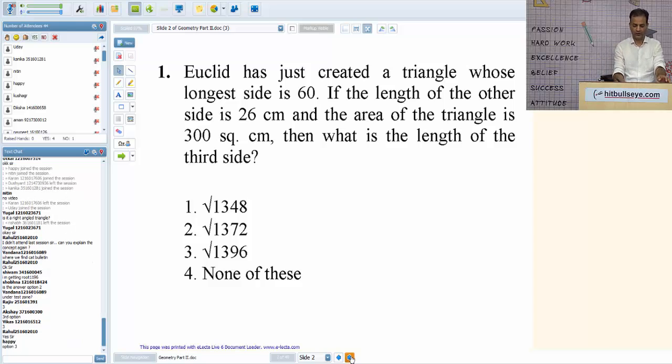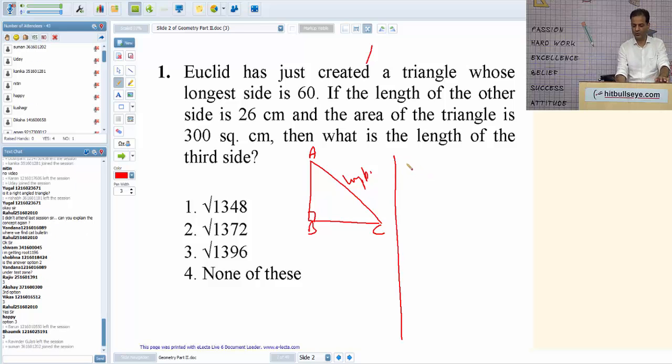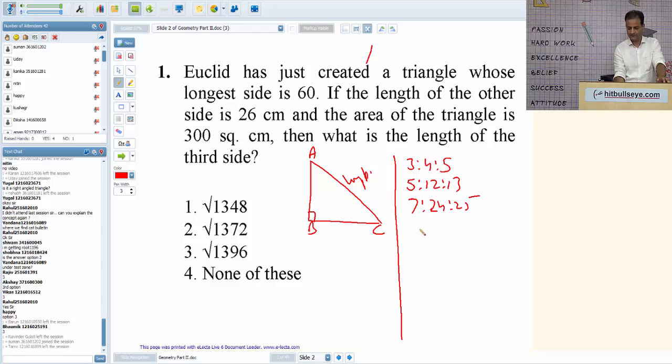Okay, now see, first of all, you should know about triplets. In a right angle triangle, A, B, C, all of you are aware, AB square plus BC square is equal to hypotenuse square. This is hypotenuse, base and height. Now, in the last class I told you, numbers in the ratio 3, 4, 5 are always Pythagorean, for those who have not attended. 5, 12, 13; 6, 8, 10; or you can say 7, 24, 25; 8, 15, 17; 9, 40, 41; 10, 24, 26.